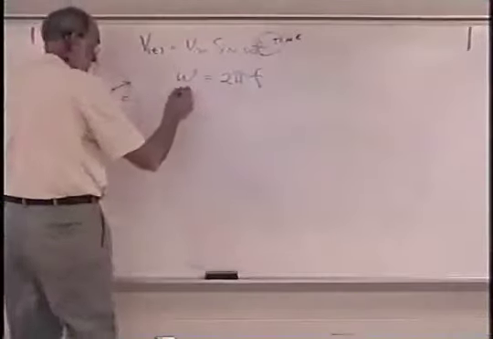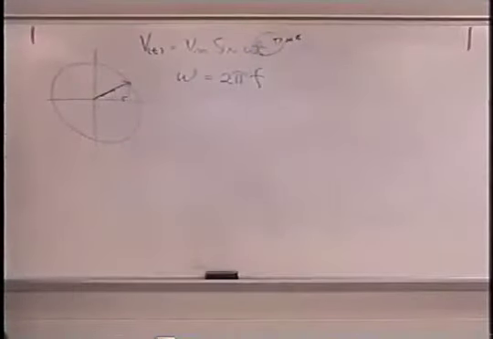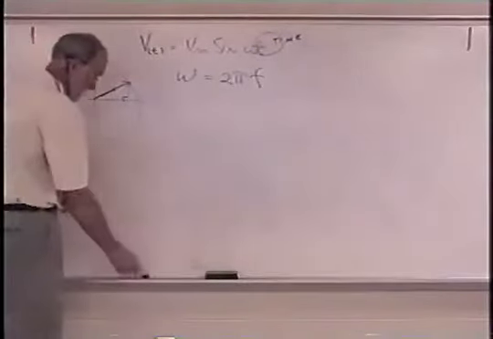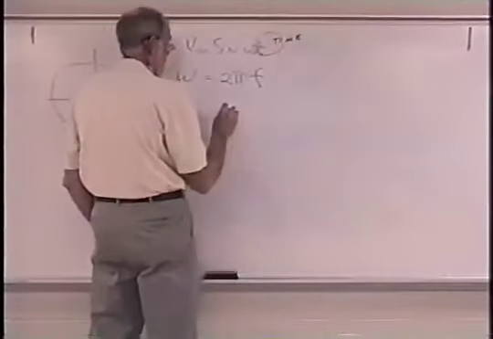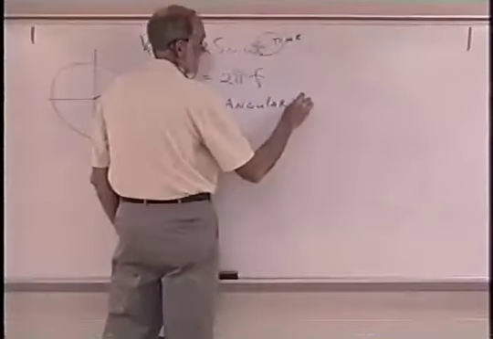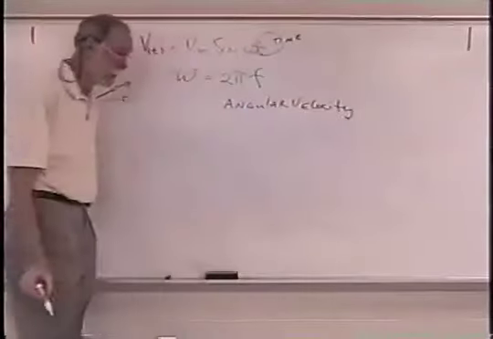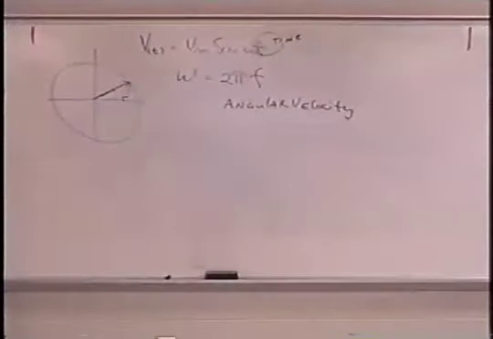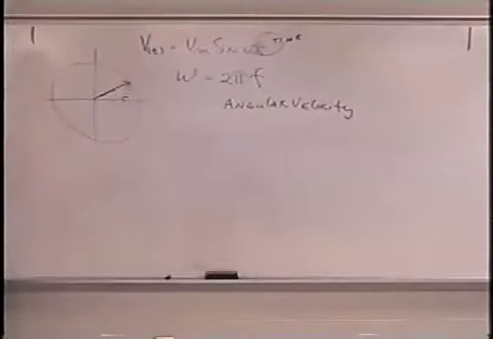Okay, so here we go. Omega, that little Greek letter, stands for 2 pi times the frequency. And that turns out to be angular velocity. Okay, angular velocity. What does velocity mean? It's like speed, isn't it? Only it has a direction related to it. Okay, what are we talking about the angular velocity of?